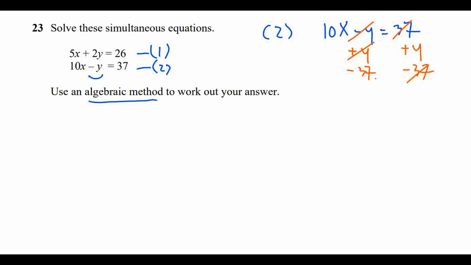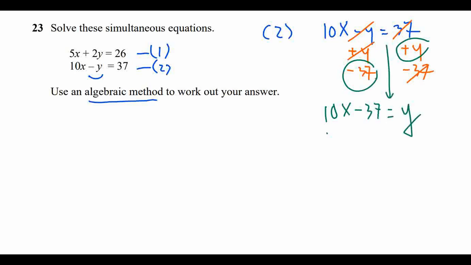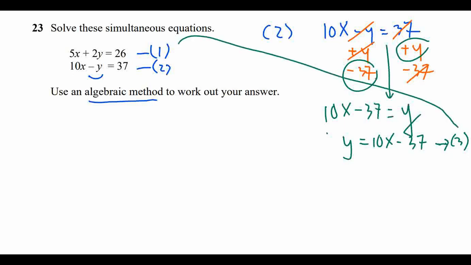What we have left is 10x minus 37 equals y. So now y equals to 10x minus 37. So this becomes equation 3. Now equation 3 we can substitute into equation 1.